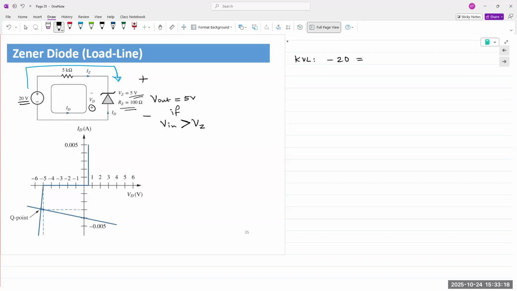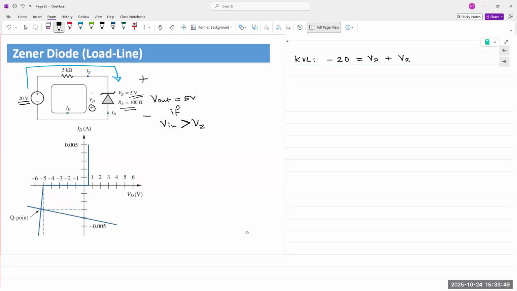I typically apply KVL in a different manner. I take all the voltages on one side and equate it to 0, so my equation would be 20 minus VD minus VZ equal to 0. But I'm going to do what the book does so as to avoid confusion. So I would get minus 20 is equal to VD plus the resistor voltage VR.